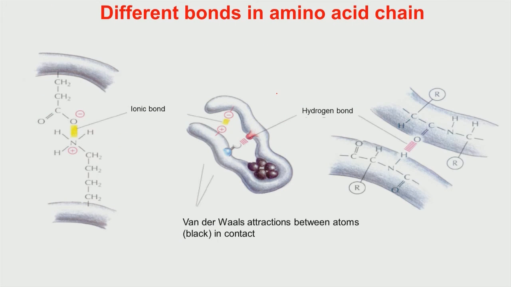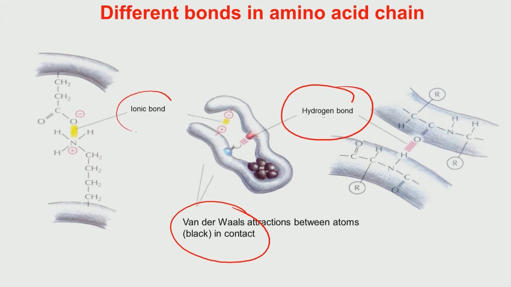Now, among the different types of bonds in the amino acid chains, mostly weaker van der Waals bonds or hydrogen bonds are present, and to some extent in some cases ionic bonds are also there, as shown here. One advantage of having these hydrogen bonds or van der Waals bonds in the protein structure is that, if required, these bonds can be broken very easily. As a result, two polypeptide chains can be separated as and when necessary.